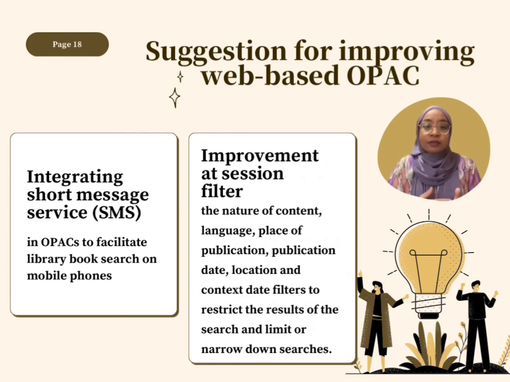However, only the VTLS-based OPAC at IITM has all 7 different types of filters as provided in the checklist. Meanwhile, others show 3 out of 7, and the web-based OPAC of IITR only supports 1 filter. So we should take a strict look at the session filter, because these features are mainly used to limit or narrow down the searches.